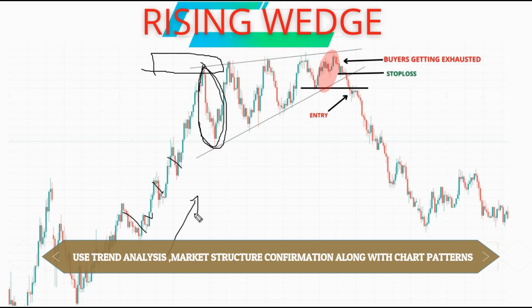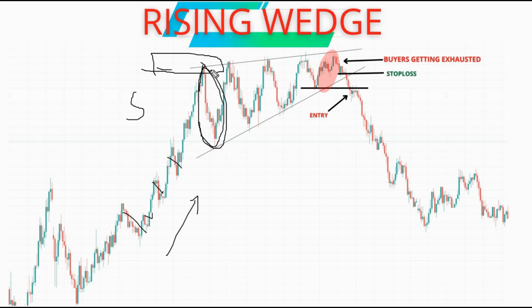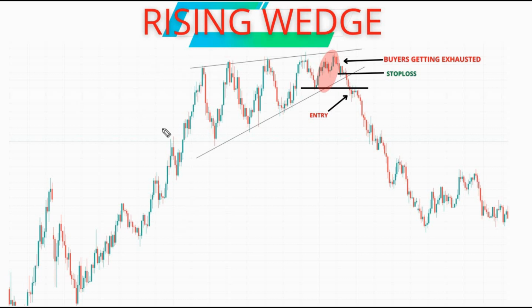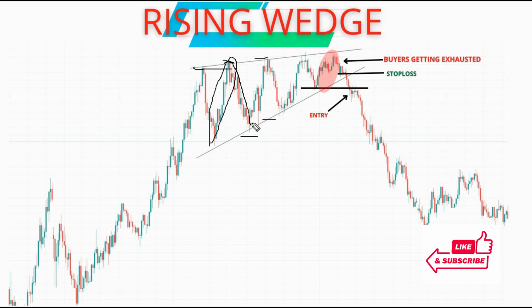So this is indicating that sellers are becoming stronger at this price area. Then again buyers pushed the prices towards the upside and broke the last swing high, but again sellers pushed the prices towards the downside. Again prices are making a higher high, higher low formation, gradually moving towards the upside. But what is happening here? The buying pressure is getting weaker.